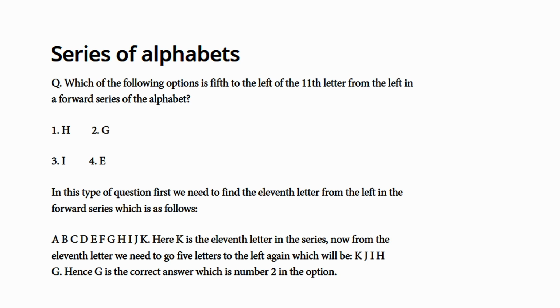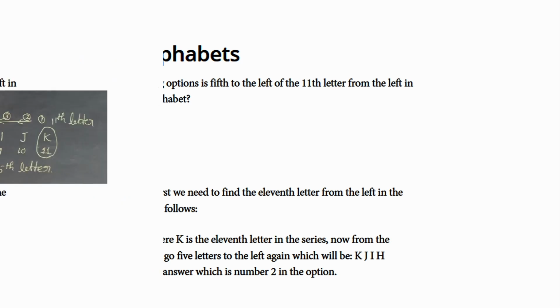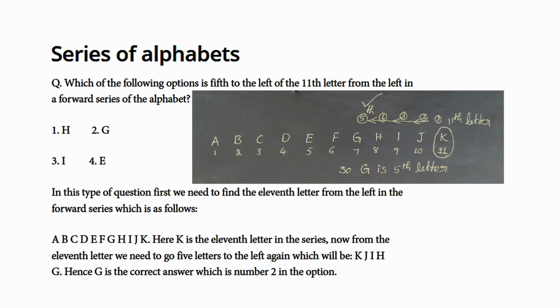In this type of question, first we need to find out the 11th letter from the left in the forward series, which is as follows. Let us write A, B, C, D, E, F, G, H, I, J, K. Let us give the numbers to the alphabets. A for 1, B for 2, C for 3 and so on. K for 11.